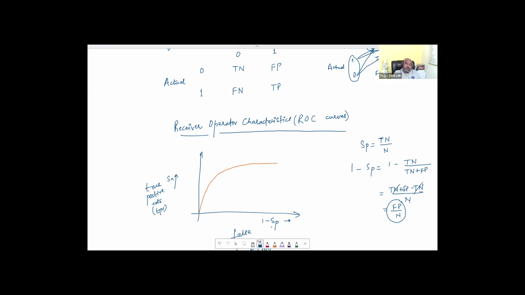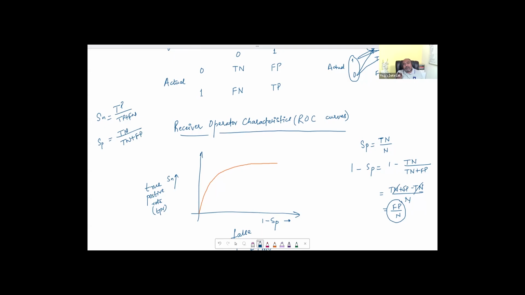The other important question to understand here is: what is the value of sensitivity and specificity for a 100% accurate model? Let us look at it. Sensitivity is Tp divided by Tp plus Fn, and specificity is Tn divided by Tn plus Fp.